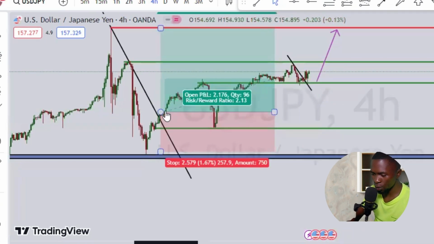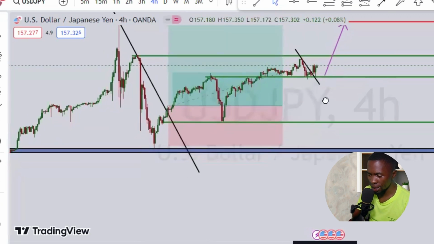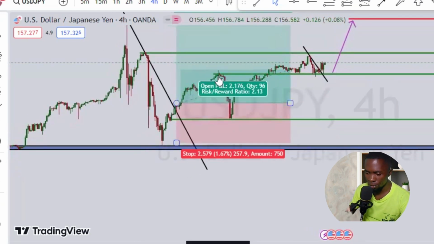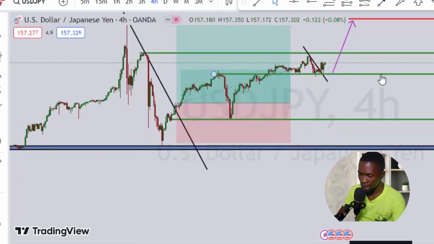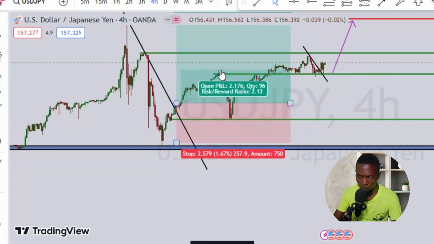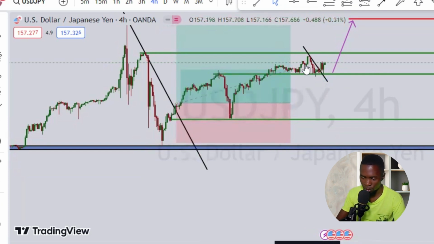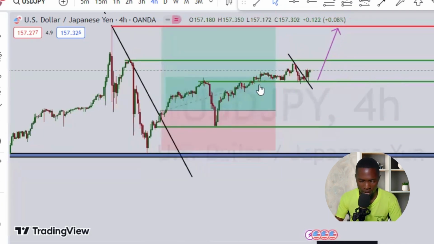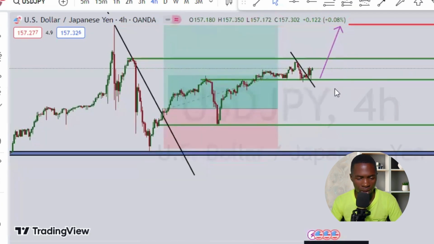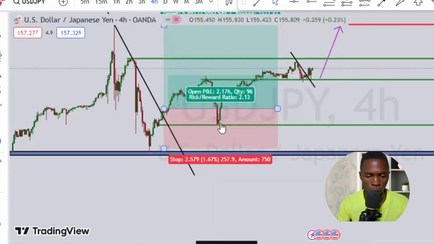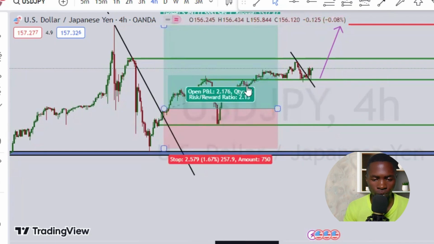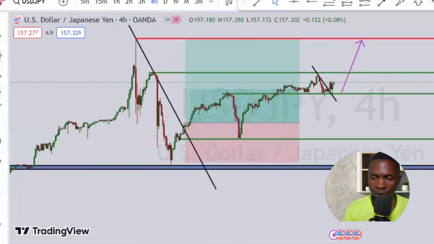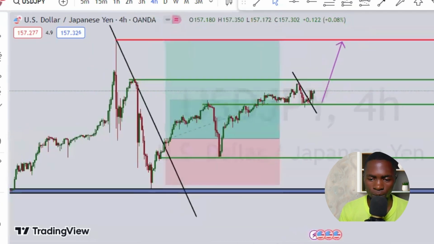The first trade I took around here, the second trade also I took around here, and the market has now broken my minor resistance at this green line. It's now at the top of my resistance, which now lets me go around this place and protect some of my profits, which I've already protected some of.